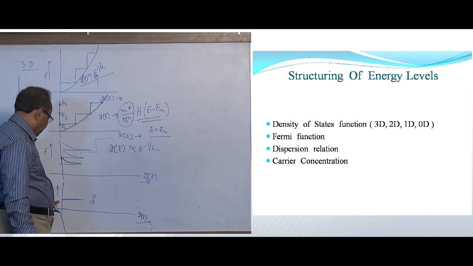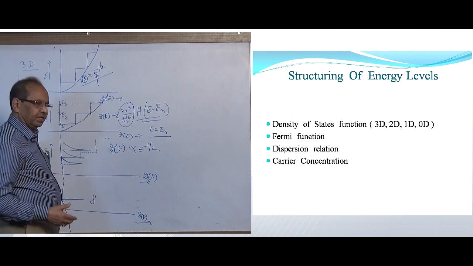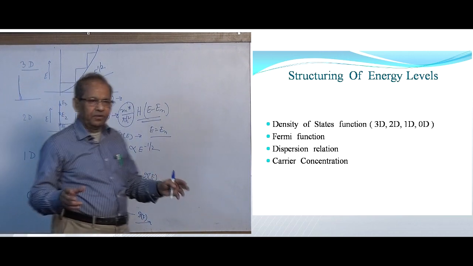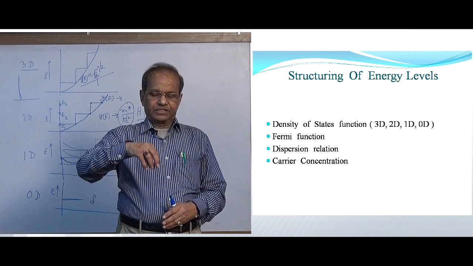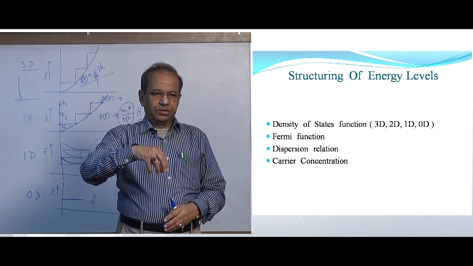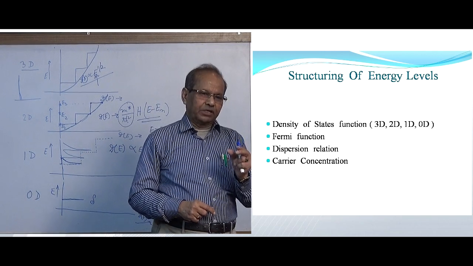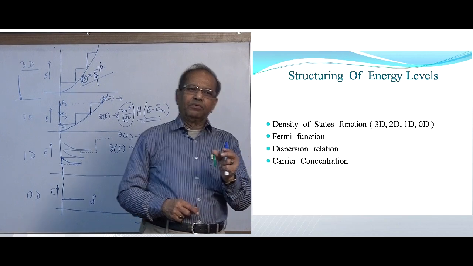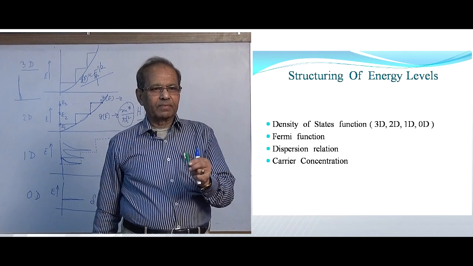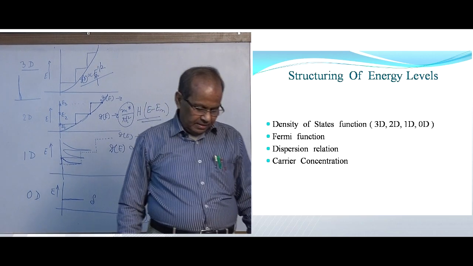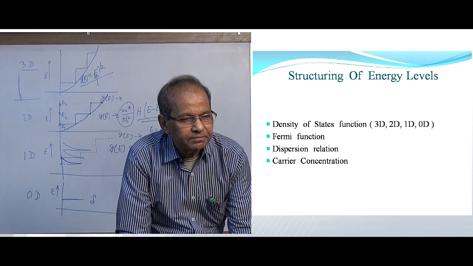And 0D means total confinement of the electron. The electron cannot move in any direction, fully restricted motion. So in the case of a 0 dimension nanomaterial, the electron will have fixed values of energies. Is it not identical with an atom?